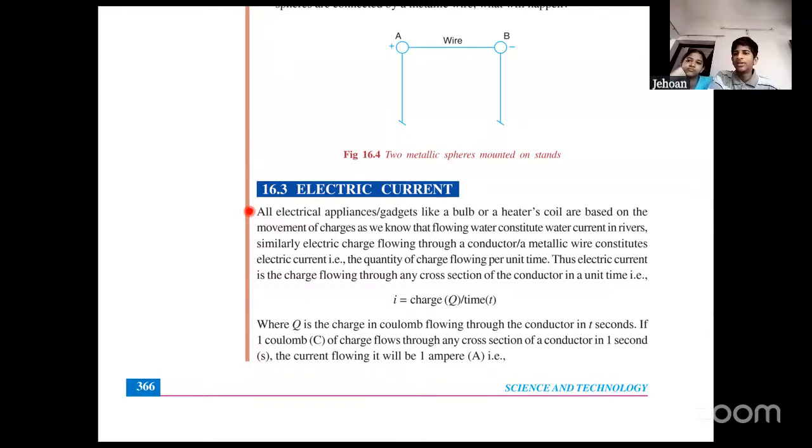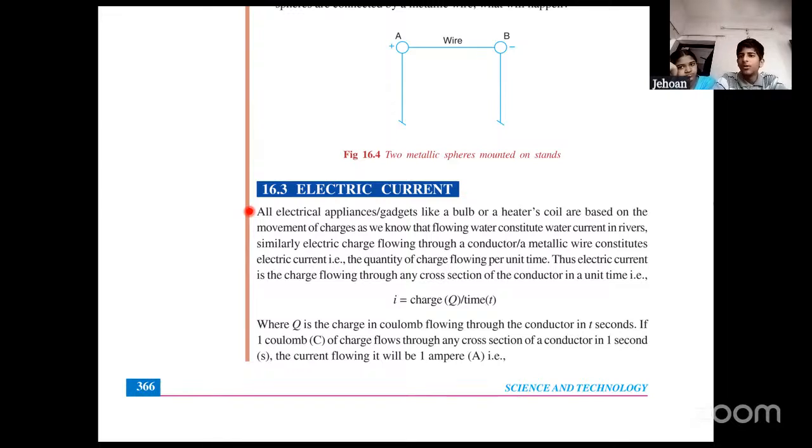All electrical appliances or gadgets like a bulb or a heater's coil are based on the movement of charges. As we know that flowing water constitutes water current in rivers, similarly, electric charge flowing through a conductor or a metallic wire constitutes electric current.